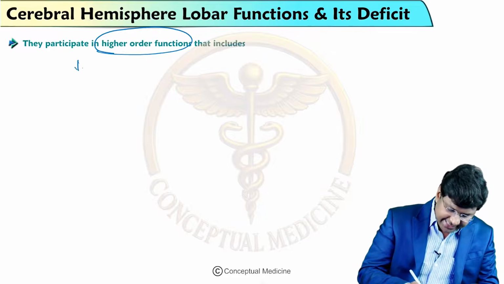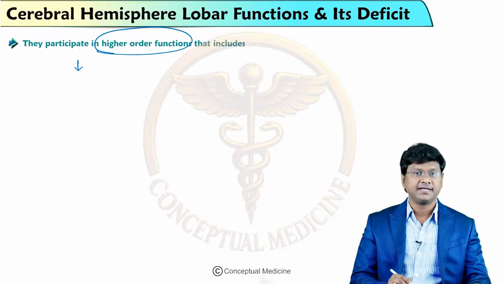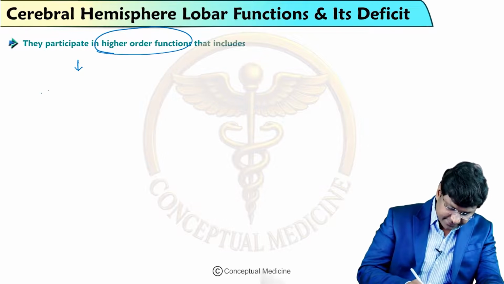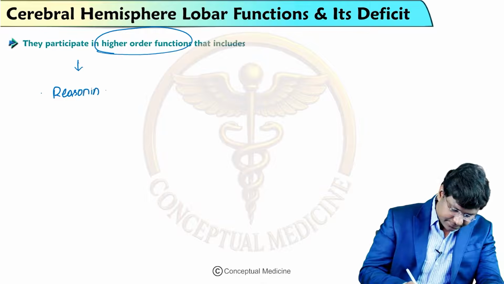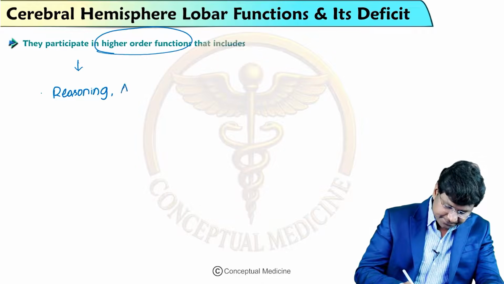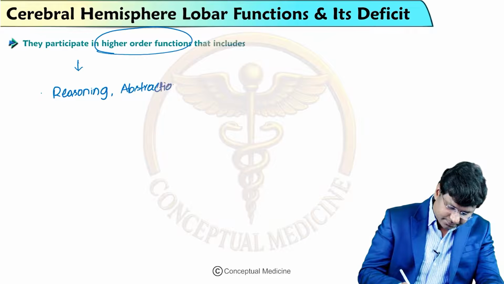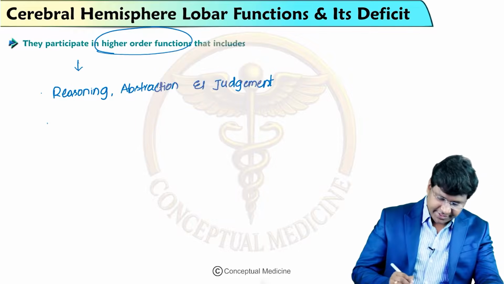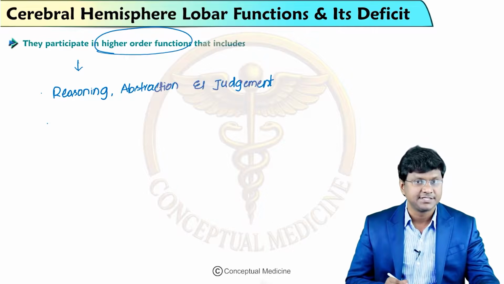And what is that higher order function that is being done by the frontal lobe? Number 1, reasoning. Number 2, abstraction. And judgment. Right, reasoning, abstraction, and as well as the judgment.